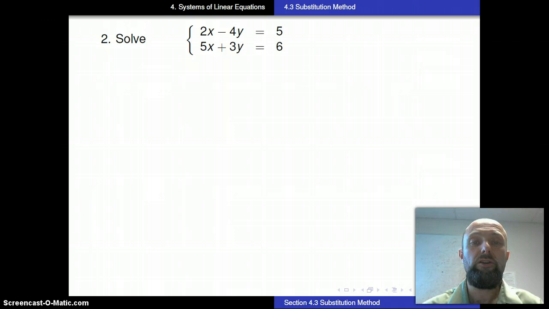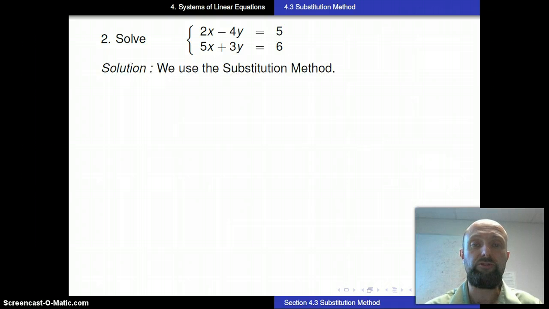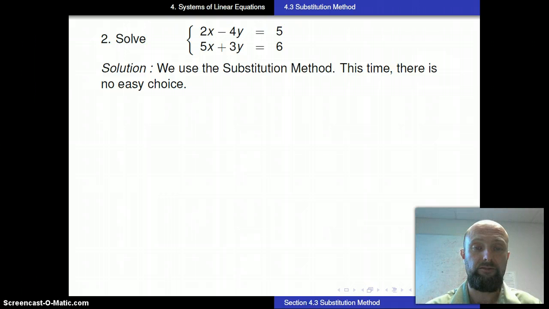Question 2. Solve 2x minus 4y is 5, 5x plus 3y is 6. We use the substitution method. This time there is no easy choice. No matter which equation we solve for any of the two variables, we will end up using fractions.